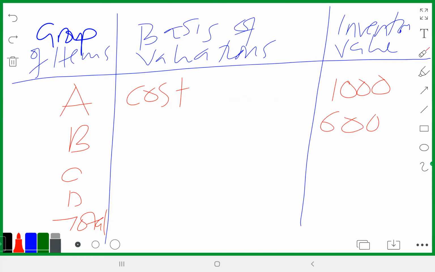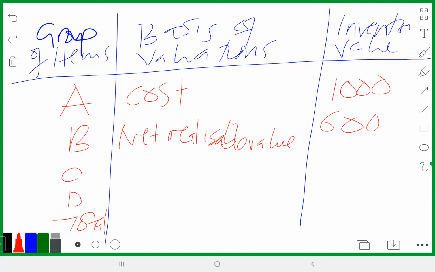What is the basis of evaluation? So we are using the net realizable value, okay? Here we use the cost for the first one. The net realizable value is also called selling price less cost of selling. That's the basis of valuation.